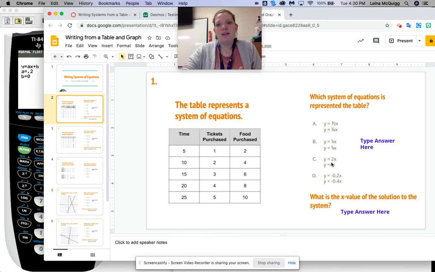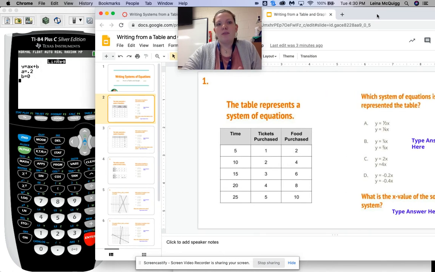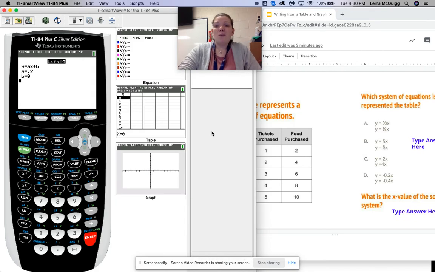So I can eliminate C and D, and I'm down to just A and B. But I need to know what this fraction is. If you do second mode, it'll take you back to your home screen and type in 0.2. Then do math, enter. So hit math, then hit enter twice. It will turn it to a fraction for you. So it's 1/5.